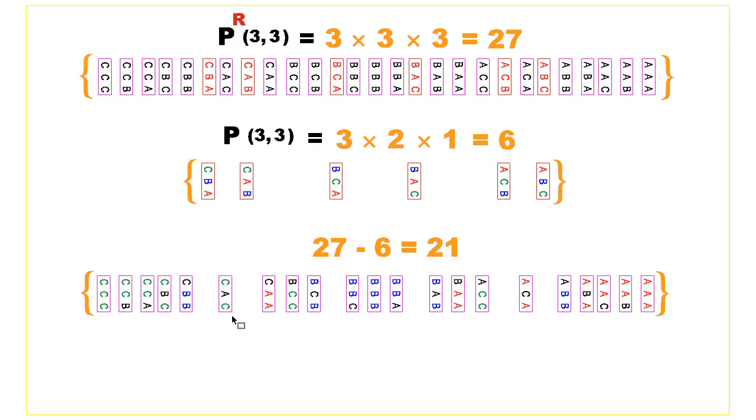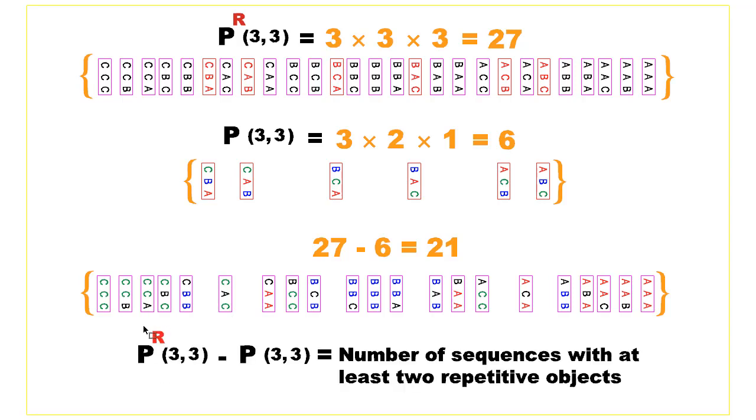So what do we conclude from that? The difference between permutation with replacement and permutation without replacement is the number of sequences with at least 2 repetitive objects. If we subtract them from each other, we get all sequences which have at least 2 repeated symbols.